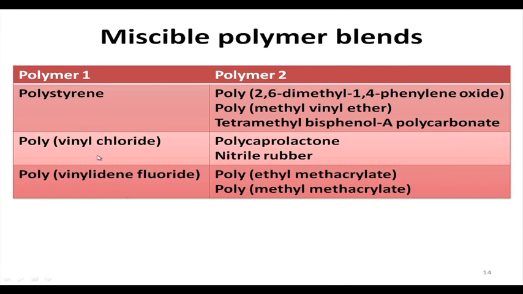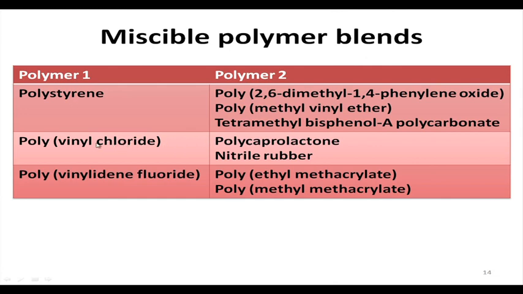If we want to develop some fire retardancy or polarity etc. in a polymer blend, in a polymer product, we can take polyvinyl chloride as one of the components. Now, we can mix polyvinyl chloride, PVC, with polycaprolactone, that is a biodegradable polymer.